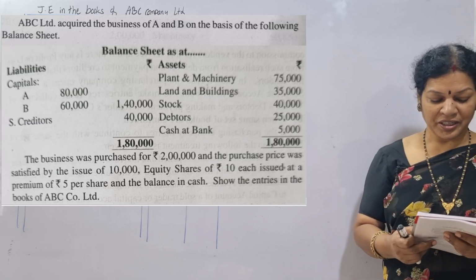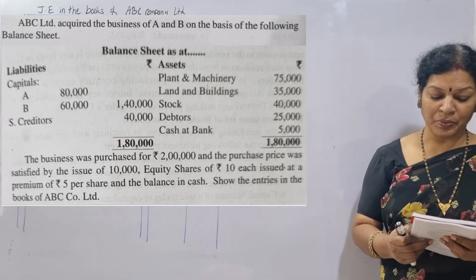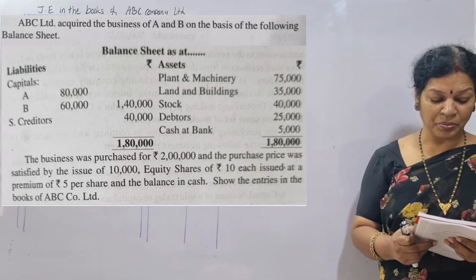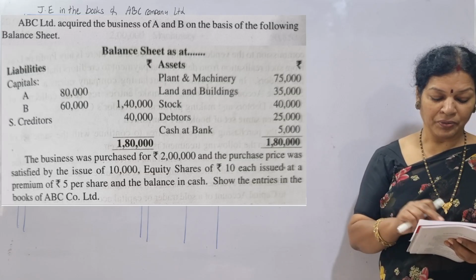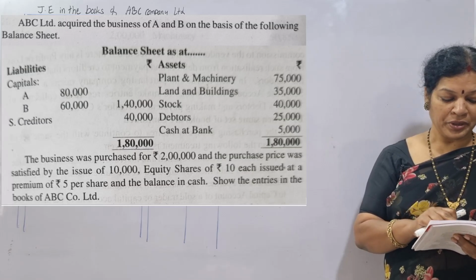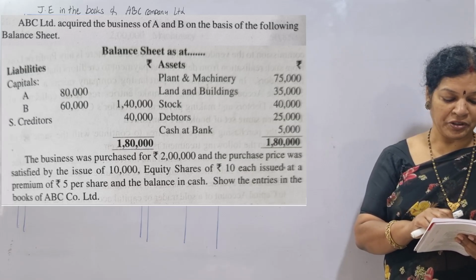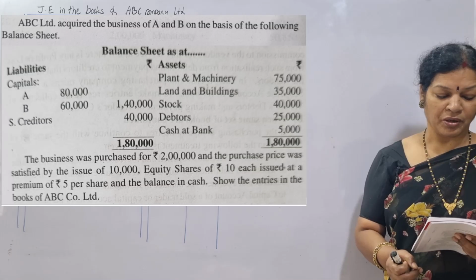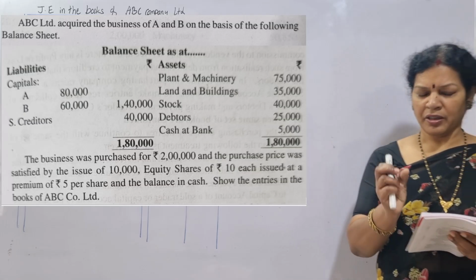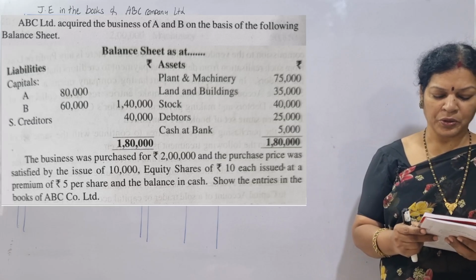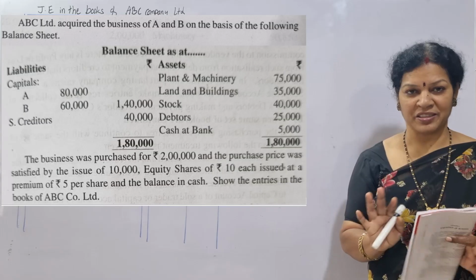Below that, they are saying the business was purchased for 2 lakh rupees, and the purchase price was satisfied by the issue of 10,000 equity shares of 10 rupees each, issued at a premium of 5 rupees per share, and the balance in cash. Show the entries in the books of ABC Company Limited. In the first line, the business was purchased for 2 lakh rupees, which means the purchasing price is given.